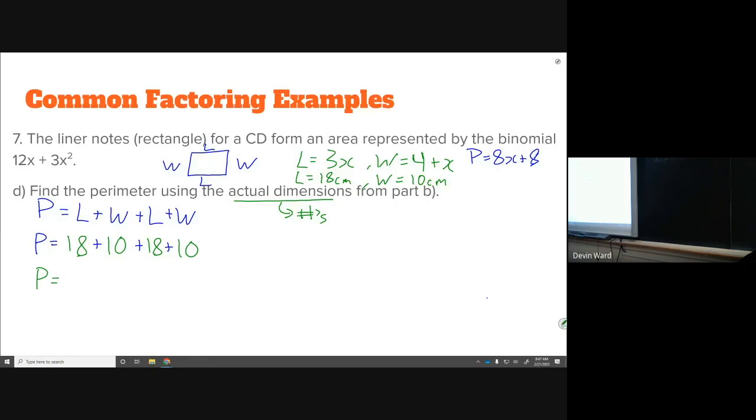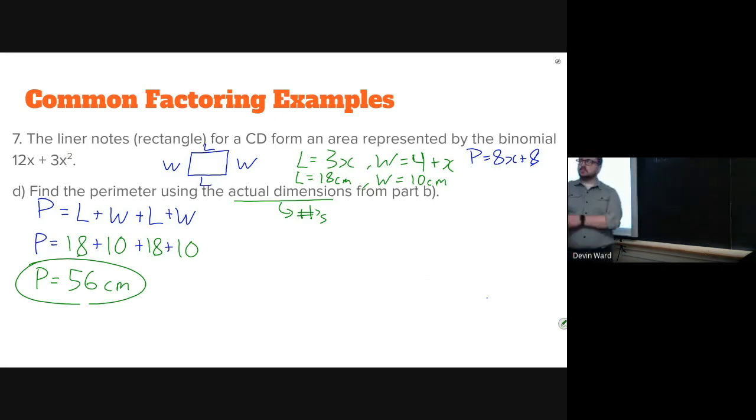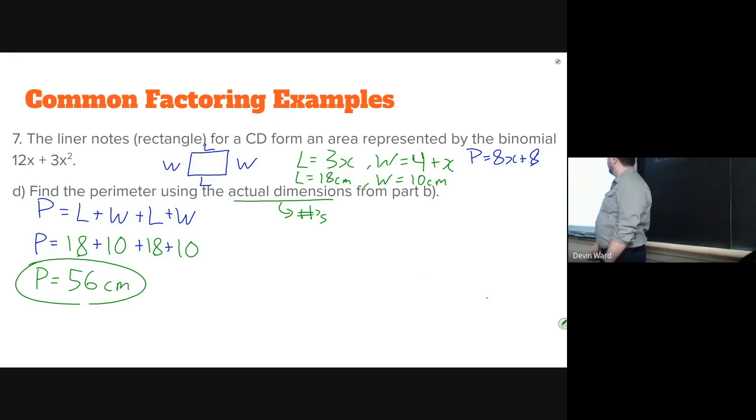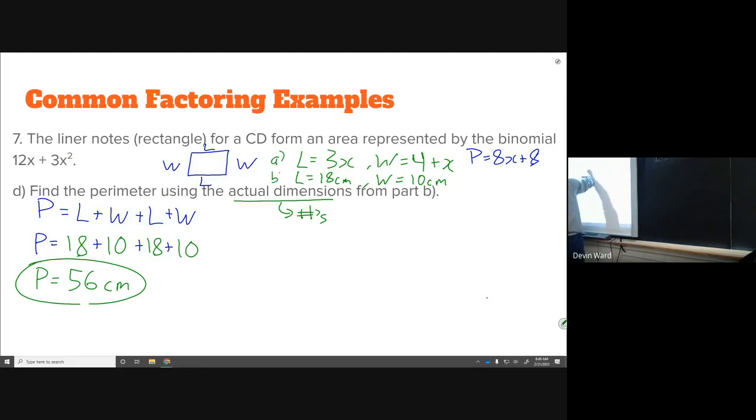Put it into your calculator. 18 plus 10 plus 18 plus 10 gives us, perfect, 56 centimeters. That one's pretty easy. So we just take the numbers that we calculated from B. No, this was A. This was B, and then this was C.